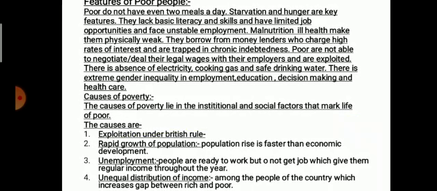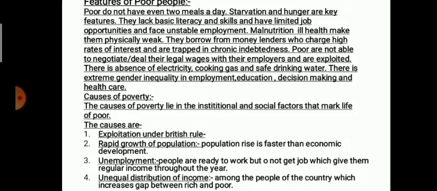Though people are ready to work, they are not getting jobs which will give them regular income throughout the year. Fourth one is unequal distribution of income. Unequal distribution of income means the gap between the rich and the poor increases among the people of the country.